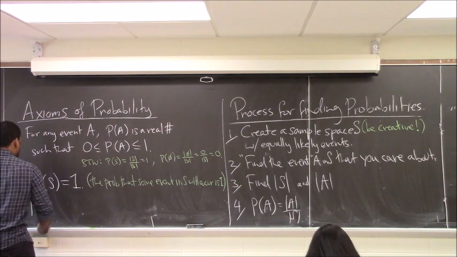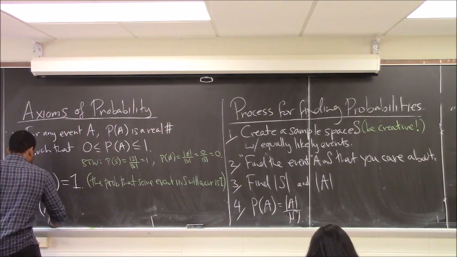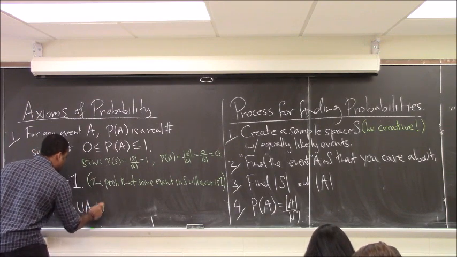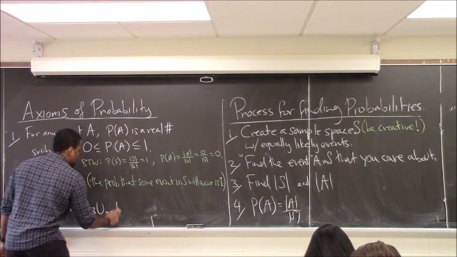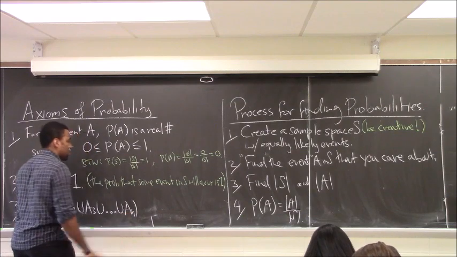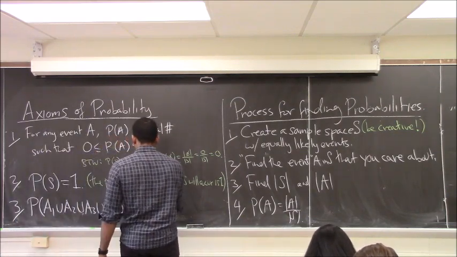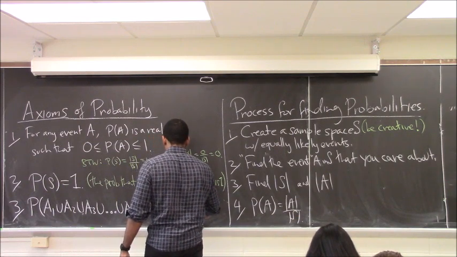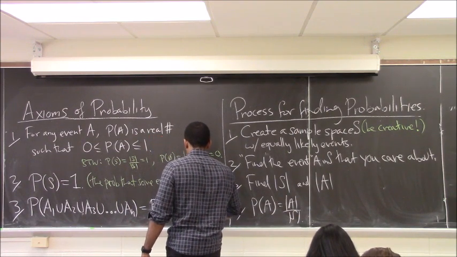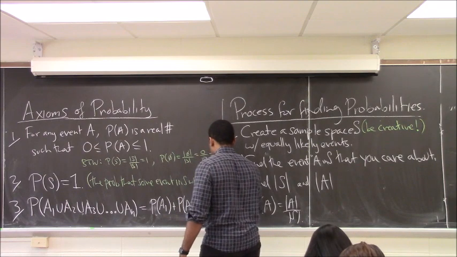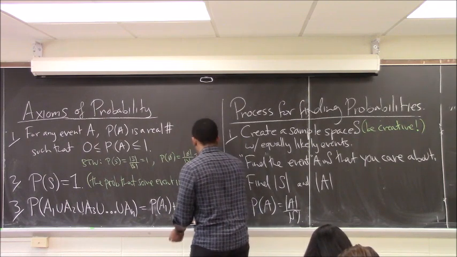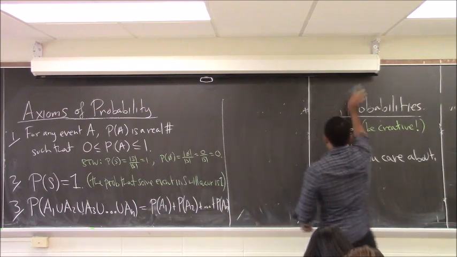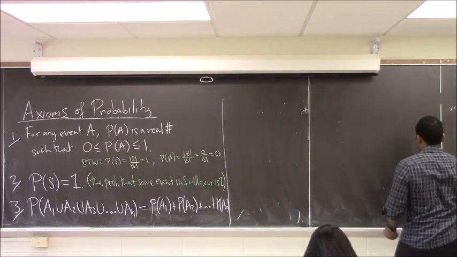And here is why I needed that earlier definition. The probability of A1 union A2 union A3 union ... union AN is going to be equal to the probability of A1 plus the probability of A2 dot dot dot plus the probability of AN, but not always.